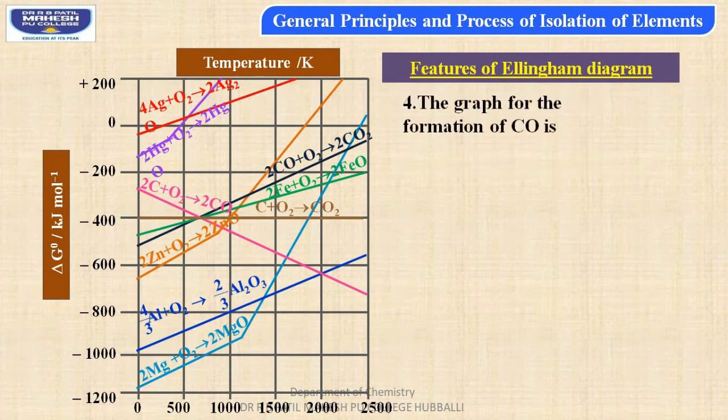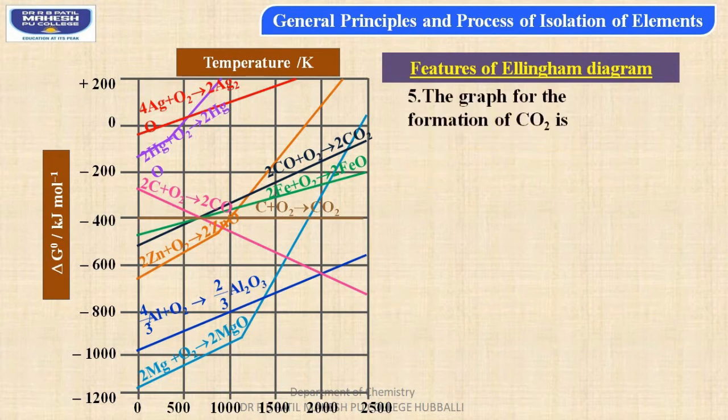And the fourth point: the graph for the formation of carbon monoxide is a straight line with a negative slope. Fifth, the graph for the formation of carbon dioxide is a straight line parallel to the temperature axis, that is the x-axis.